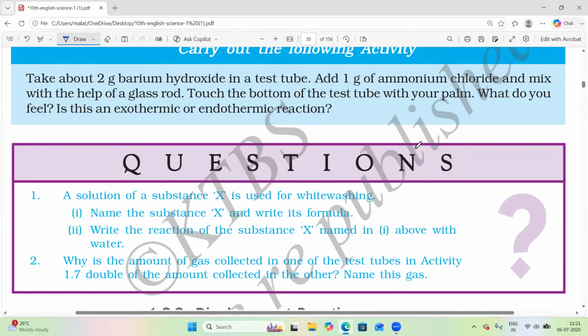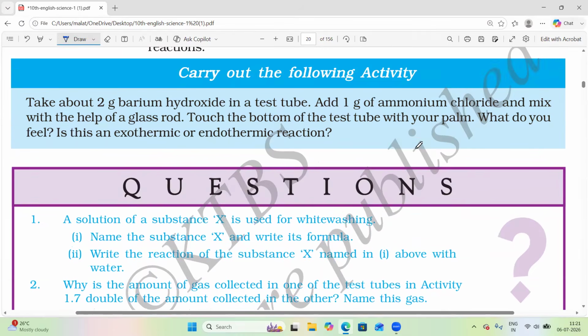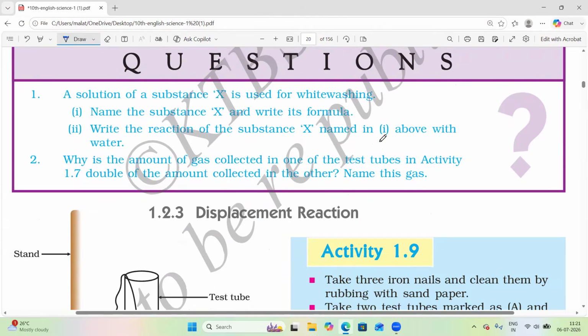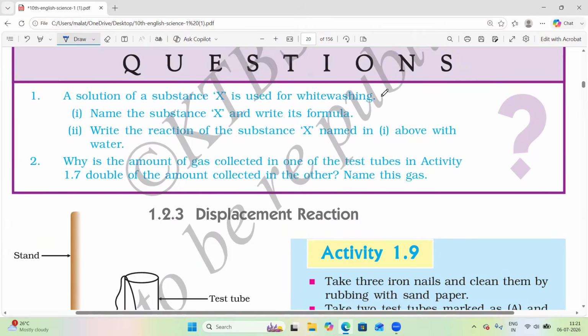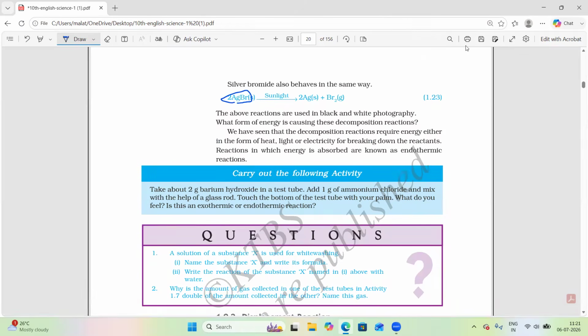That is called endothermic reactions. These two reactions are very important for your exam purpose. You have to know whether the reaction is balanced or not. As I said before, if the reaction is not balanced, you will not get the marks in the exams.